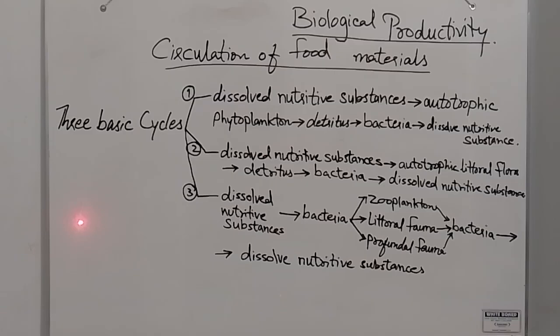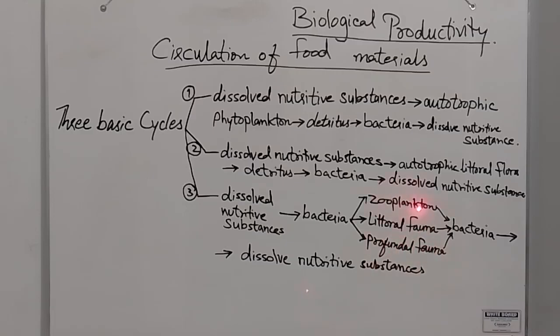And the third basic cycle: here the dissolved nutritive substances are directly used by the bacteria, and these bacteria are used by the zooplankton, which are present in the uppermost region of the lake. And the second, littoral fauna, these are also the primary consumers. And the third one is profundal fauna.